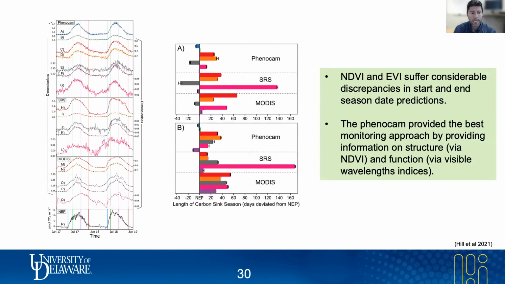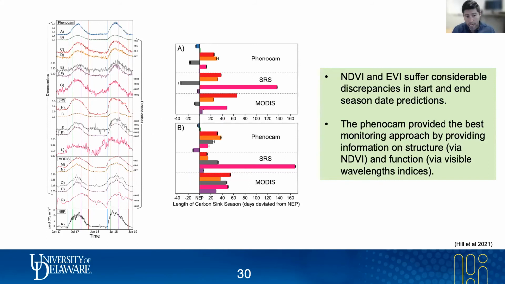But it is complicated as well, because we can develop many indices, but when we compare them for the length of the carbon season at the site, we see that not all the sensors work well, especially remote sensing techniques. But it seems that the phenocam provides the best monitoring approach.